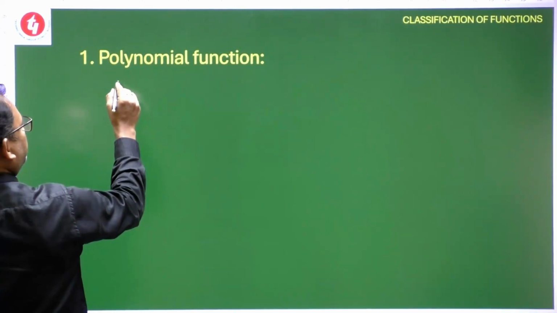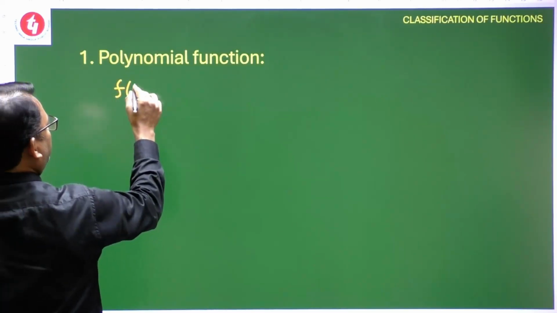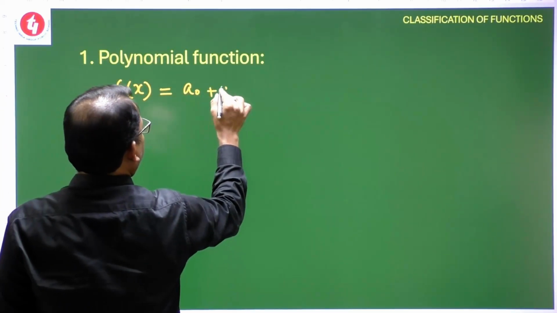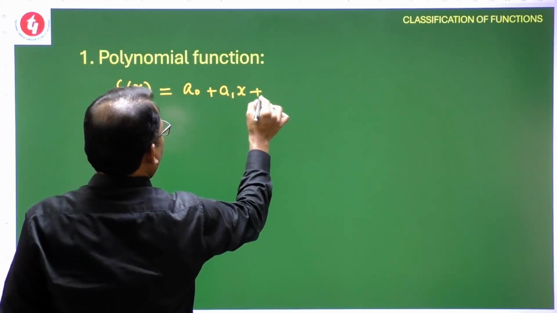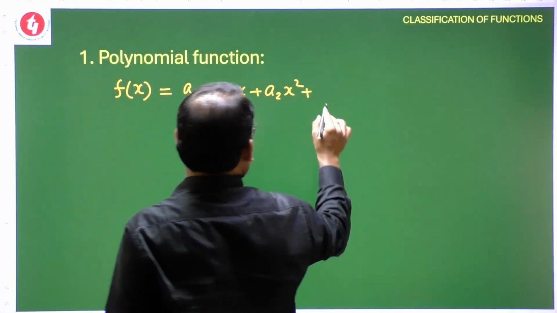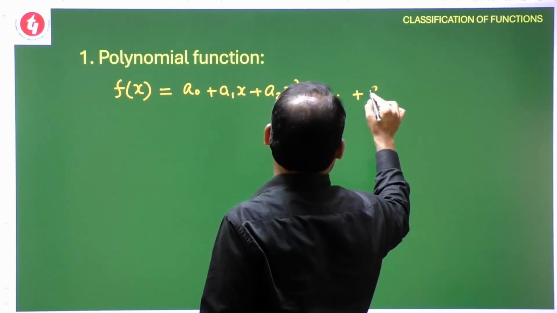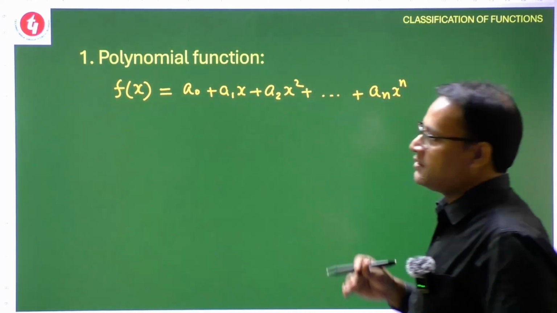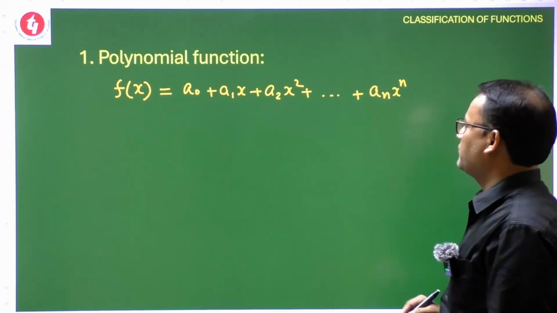A function which is written in the form f of x is equal to a0 plus a1x plus a2x square plus, in this way, the last term is an x power n. So this is the general form of a polynomial.